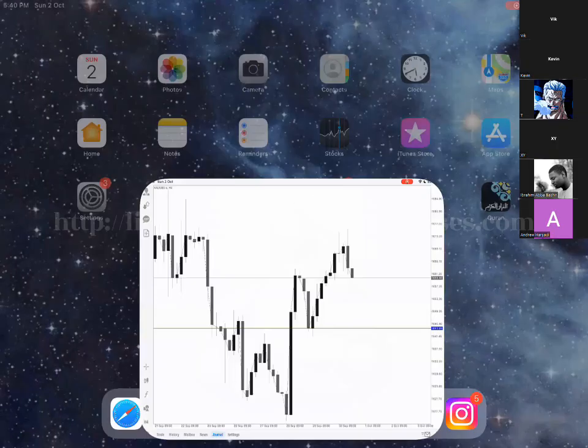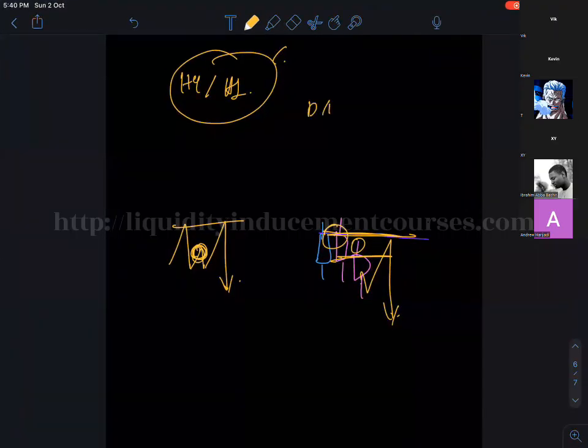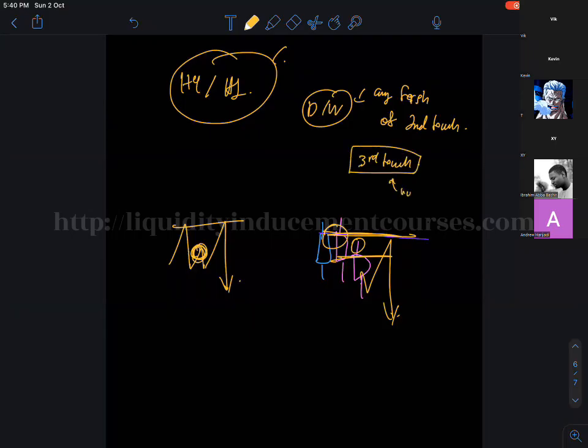Correct. For daily and weekly levels, just take any fresh or second touch. Sometimes the third touch can work, but at the end of the day, this is not consistent.